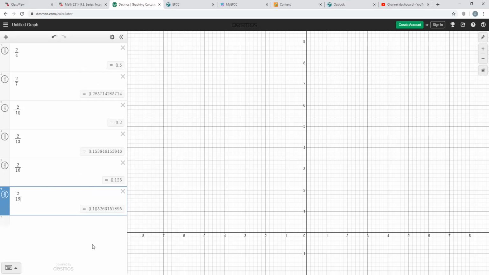Because if these numbers individually don't get smaller and smaller, closer and closer to zero, then the second question is already answered for us. If they're not getting smaller, then there's no way that if you add them up forever, they're going to converge to any finite single number.